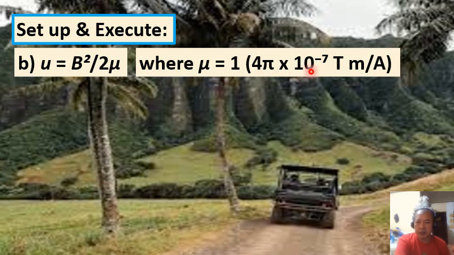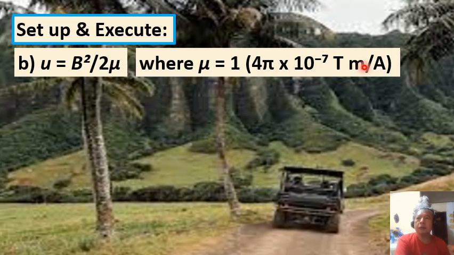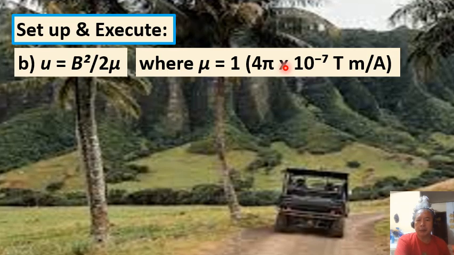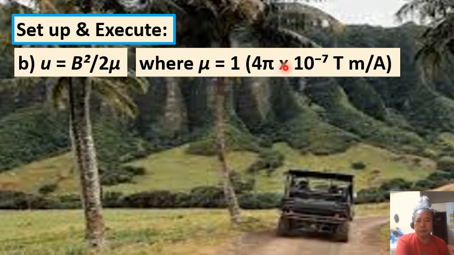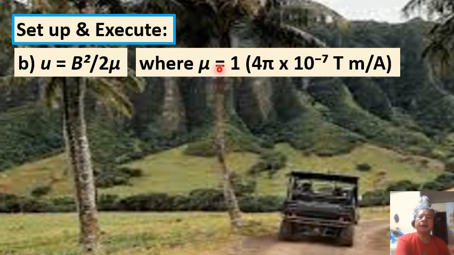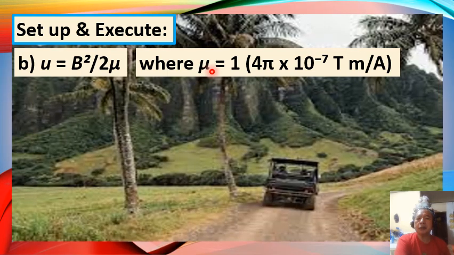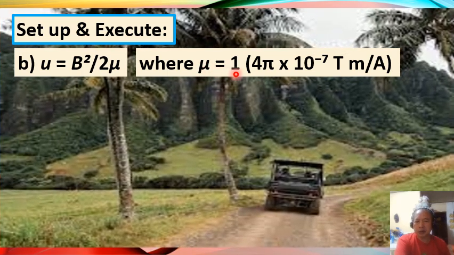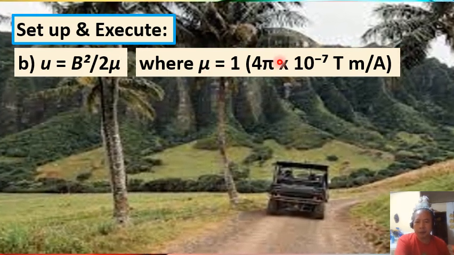This is what we call the magnetic constant or permeability of vacuum. The relative permeability of air is exactly equal to 1.